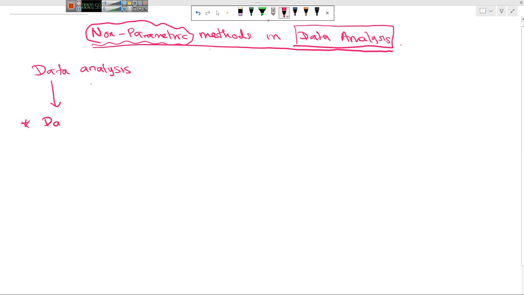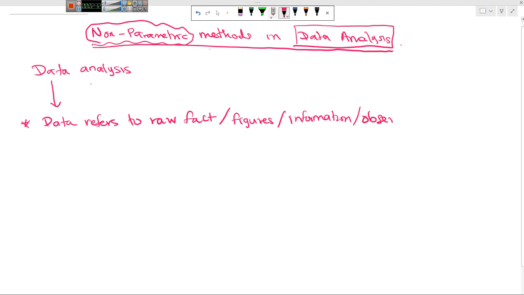So data refers to, I'm just writing the definition for data so that you can write down if they ask or if they instruct you to define the term data, right? So data refers to raw fact, or figures or information or observation, okay, collected from various resources, right?